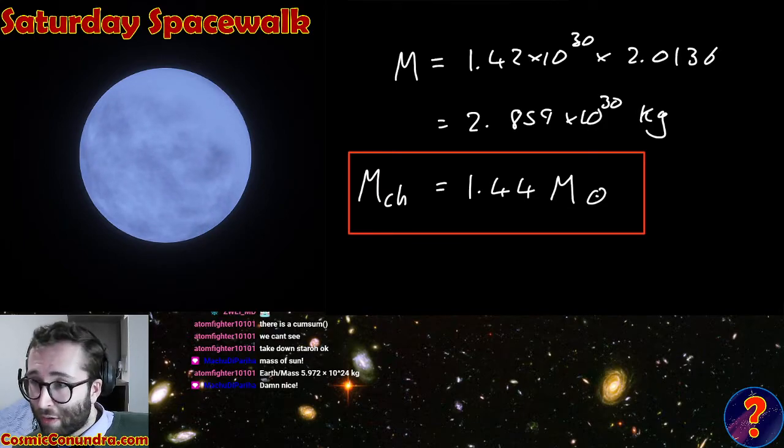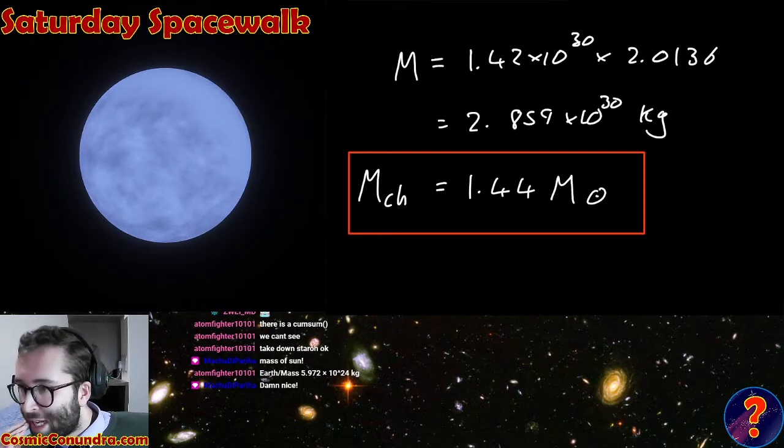And the accuracy of our result here is pretty good. This is, more or less exactly to 2 decimal places, the accepted value for the Chandrasekhar mass. So we've done pretty well.